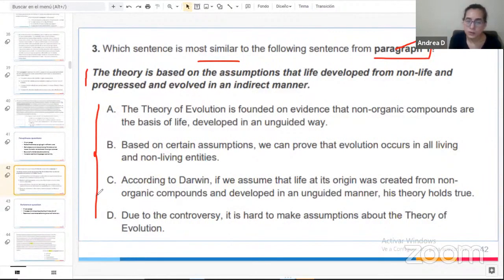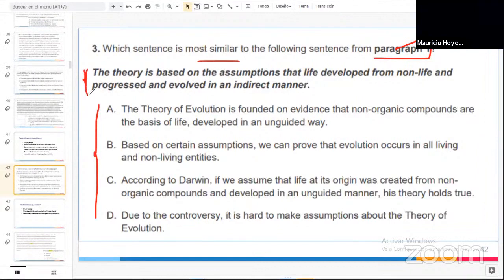Okay, so let's try and do this. Can anybody please read just the sentence that we have here? The theory is based on the assumptions that life develops from non-life and progress and evolve in an indirect manner.